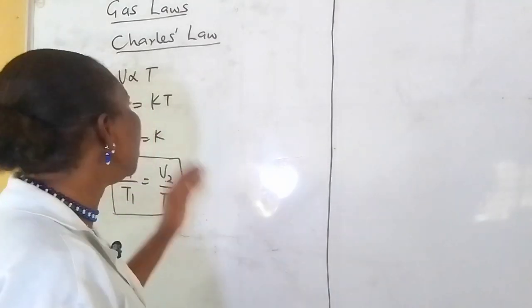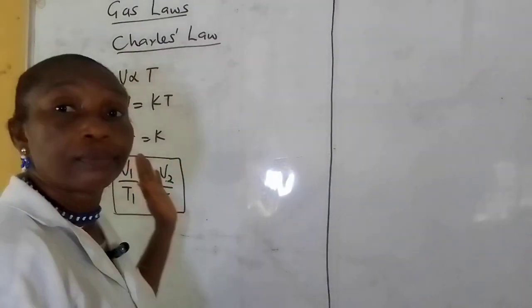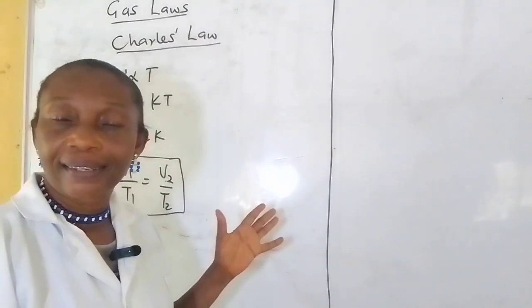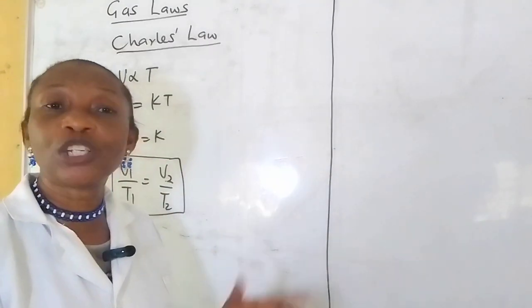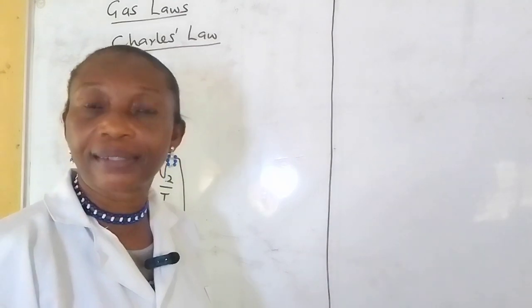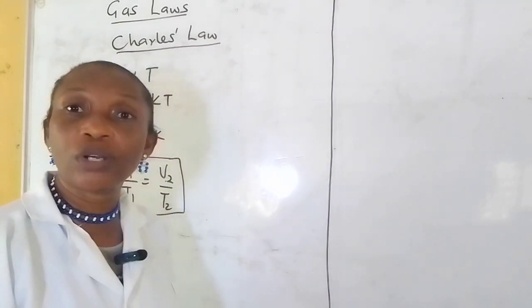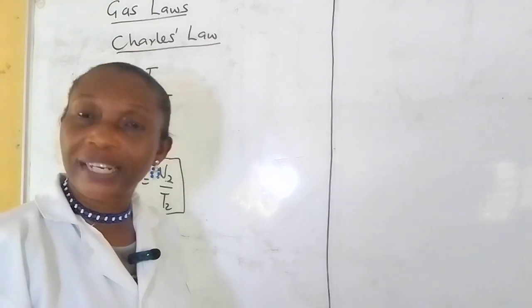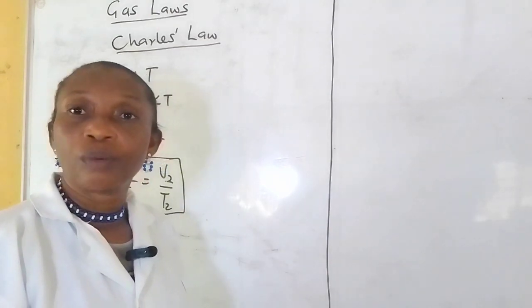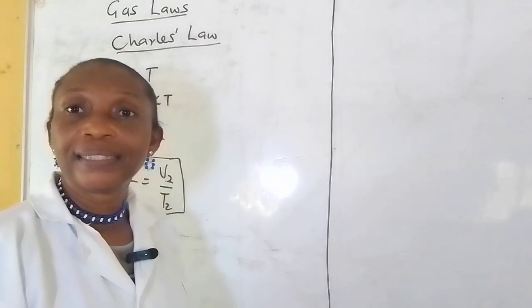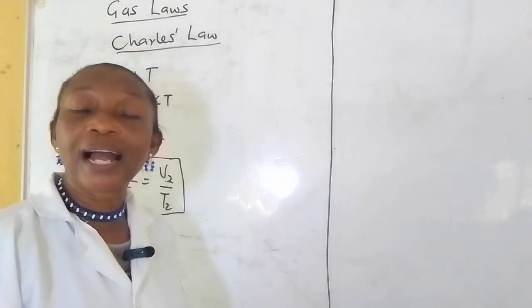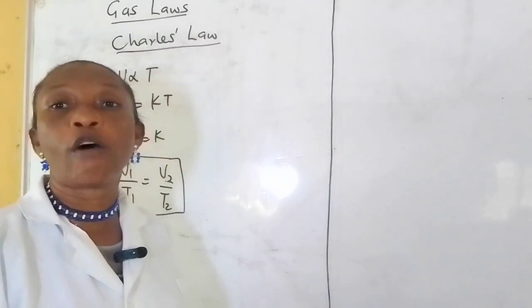It states that when you increase the temperature of a gas, the kinetic energy of the gas molecules also increases. And when that happens, the gas molecules will begin to spread out, move to occupy a larger space, or what we call volume.